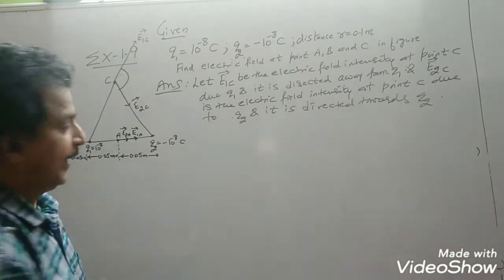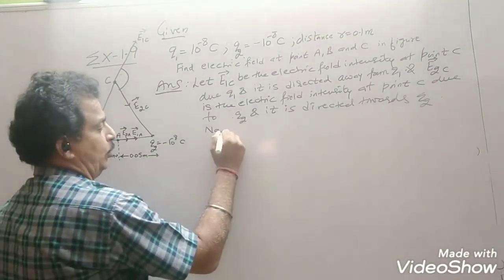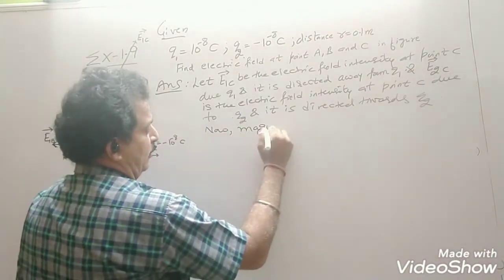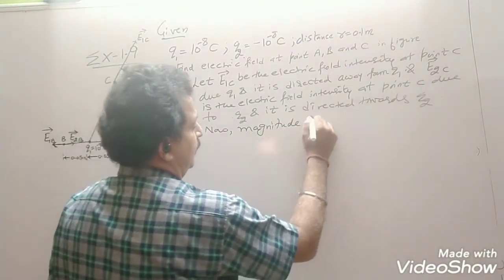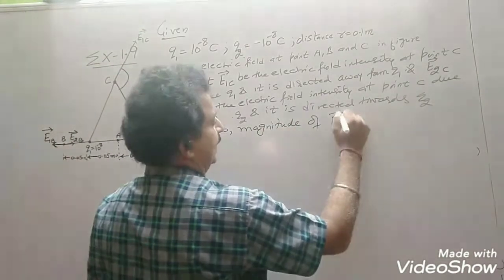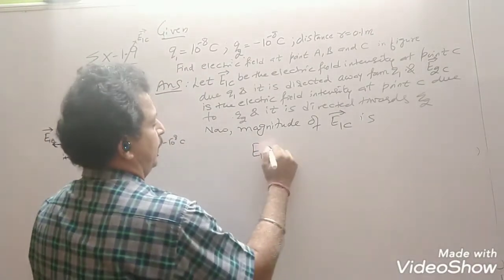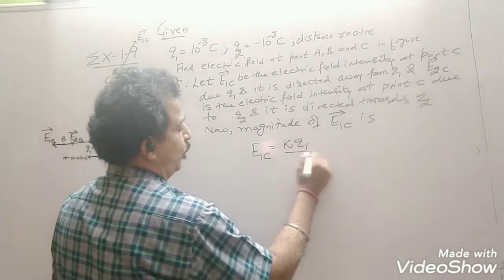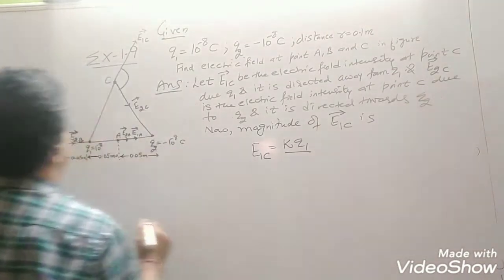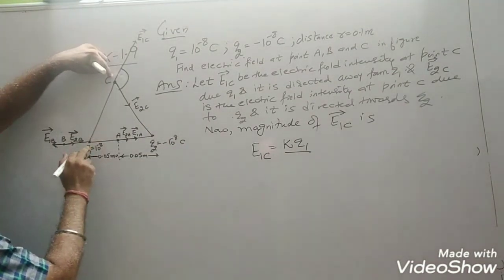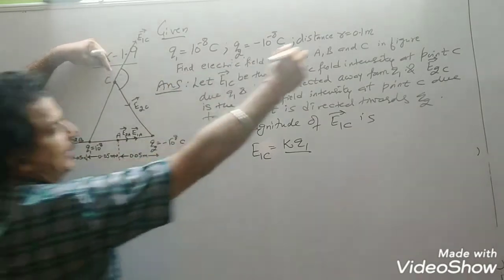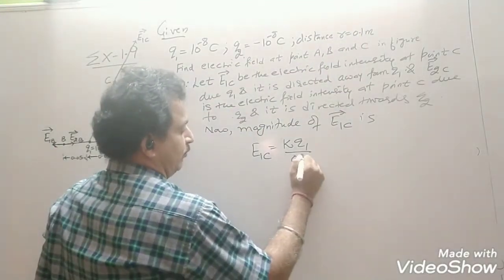Now again we find the magnitude. Magnitude of E1C vector is, so magnitude E1C is equal to KQ1 upon distance between test and source. Now this is an equilateral triangle, so we are taking it as 0.1. So 0.1 square.